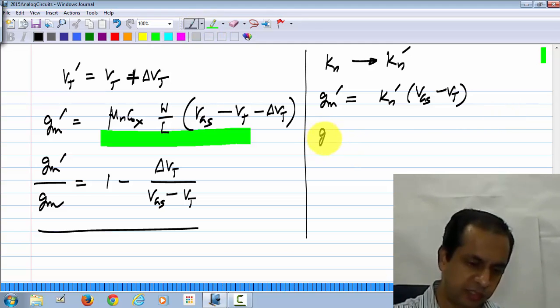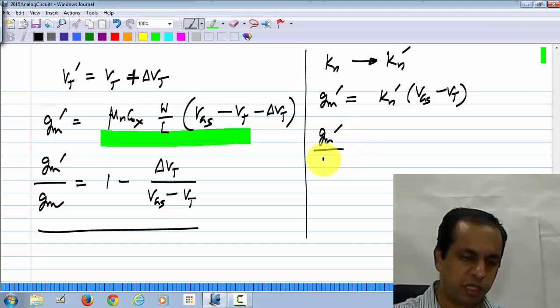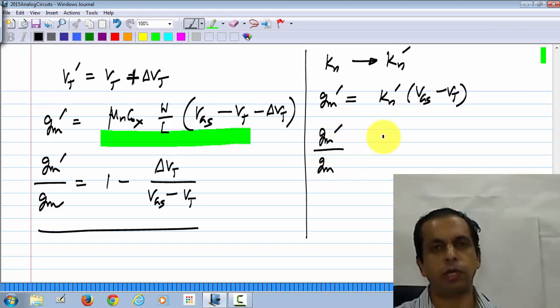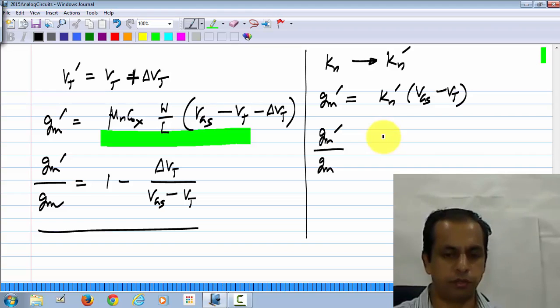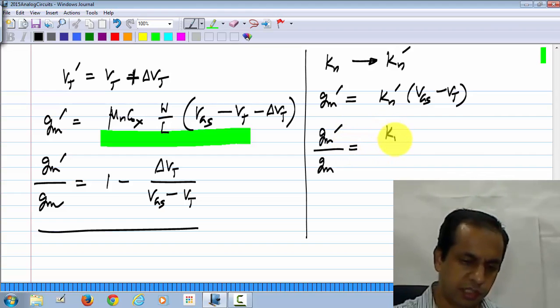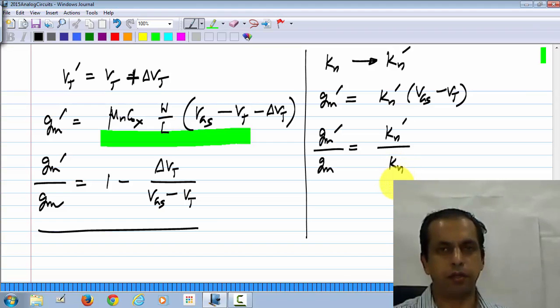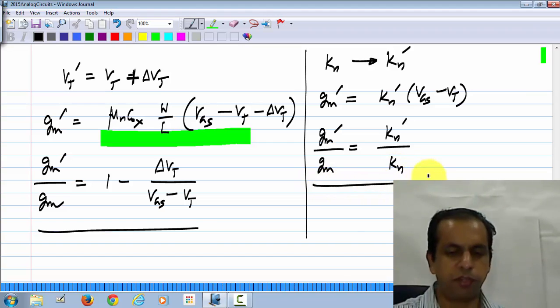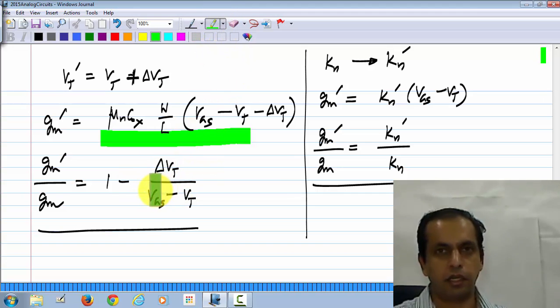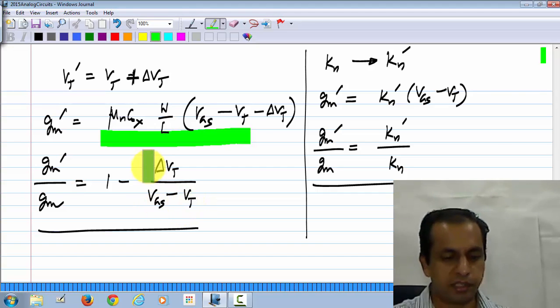Then in this case, GM prime divided by GM, that is the new value of GM compared to the original value of GM, is just Kn prime divided by Kn. So the first result gives you the relative change in GM when VT changes, and you can see that if you operate with a small VGS minus VT, this effect will be even more for a given delta VT.